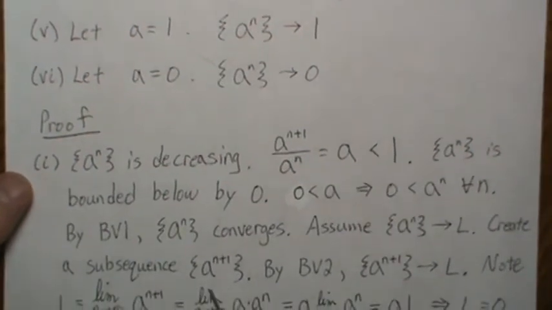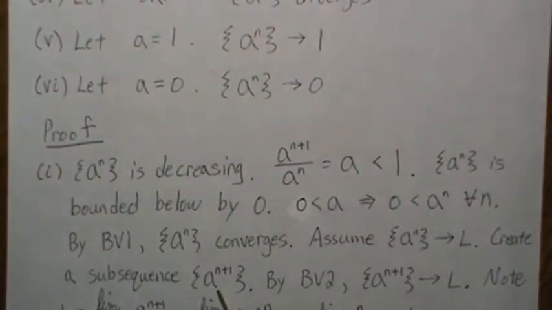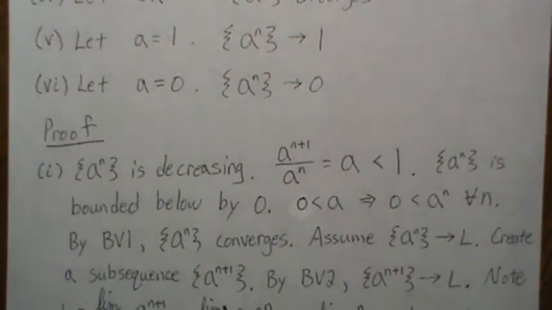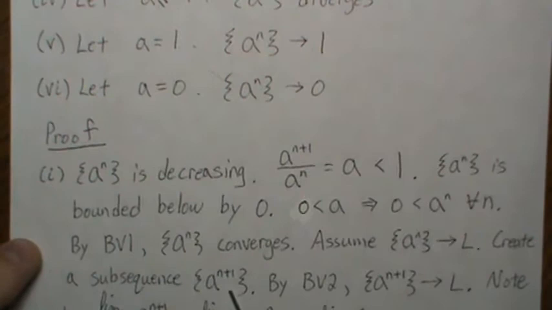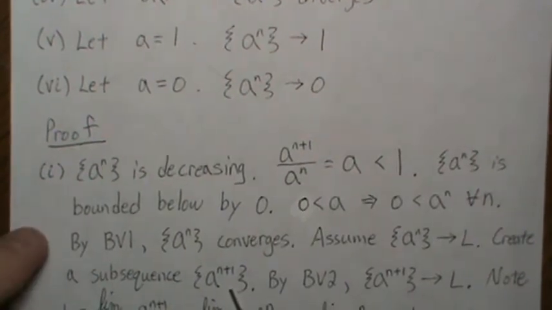Now let's create a subsequence, A^(n+1). We can pick any subsequence, but instead of starting at A^1, then A^2, A^3, we're going to start at A squared and go on from there. So it's almost like the same sequence, but the first term is different. So it's technically a subsequence.